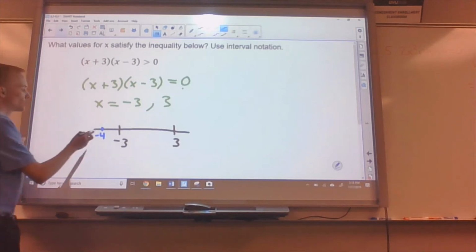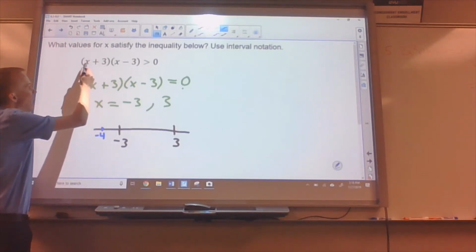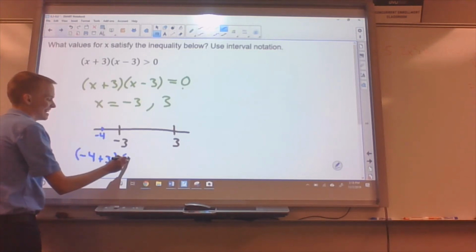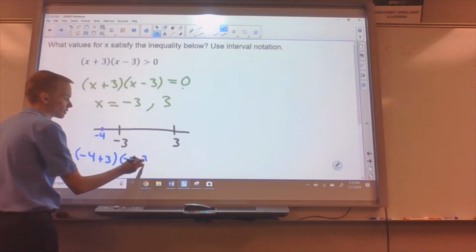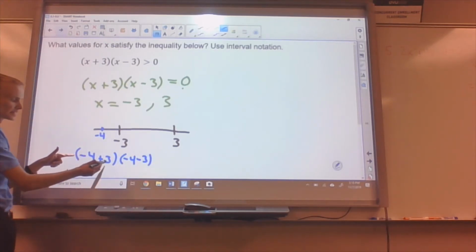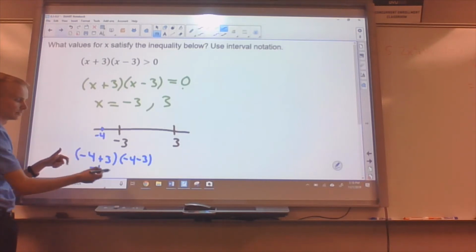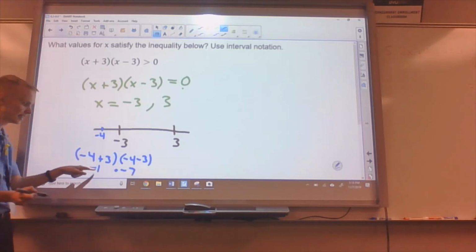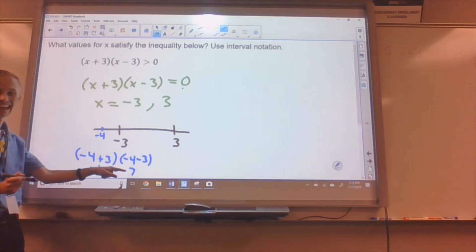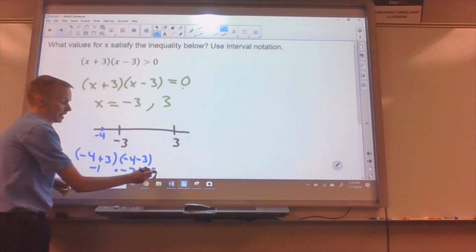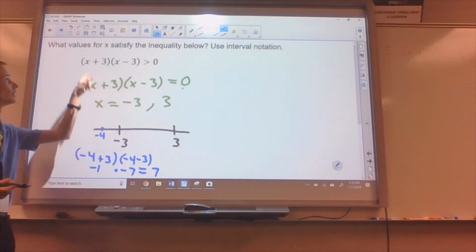Okay? So I'll replace x with negative 4 in the equation: negative 4 plus 3 times negative 4 minus 3. When I do this, the first is going to be negative 1, and the other one is going to be negative 7. Negative 1 times negative 7 is positive 7. Okay? So it's positive.